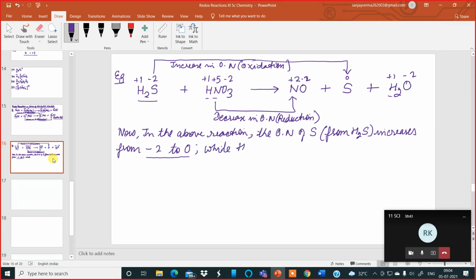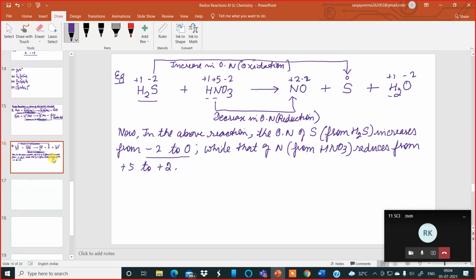While that of nitrogen from nitric acid reduces from plus 5 to plus 2.